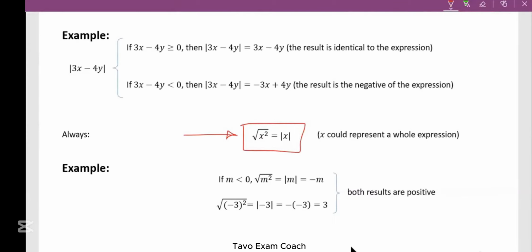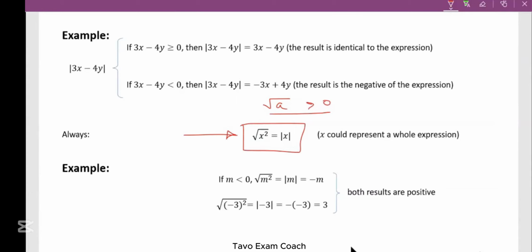Why does this happen? Because out of a simple convention among mathematicians, the square root of any number should be a positive number, okay?